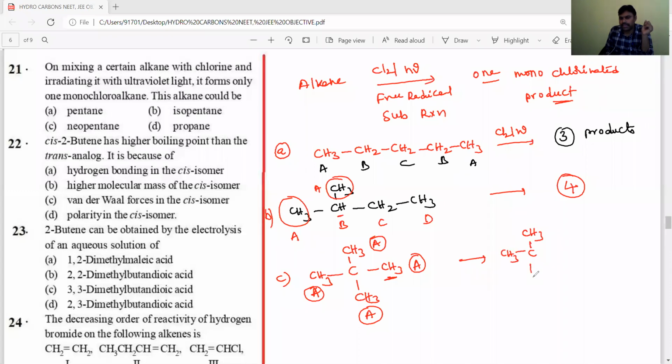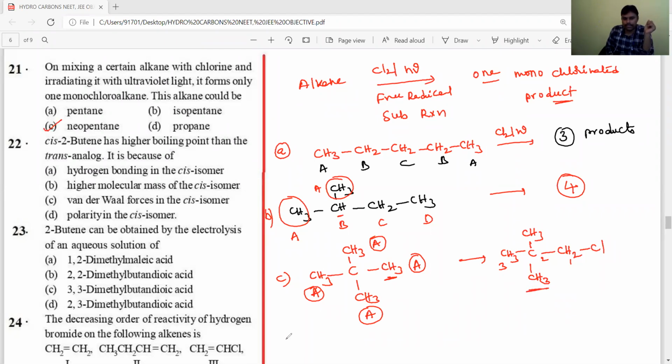That product I am also writing here, CH2-Cl. Its name is 1-chloro-2,2-dimethylpropane. So the answer is option C.